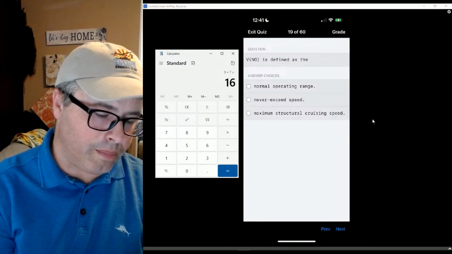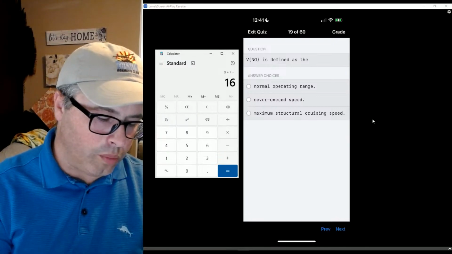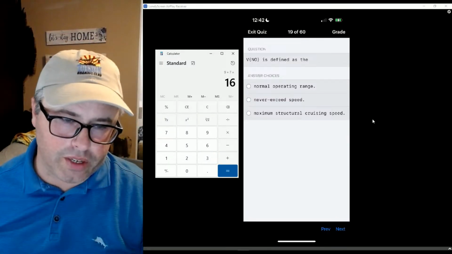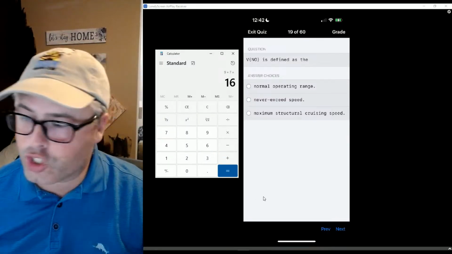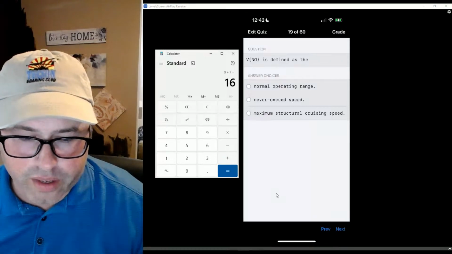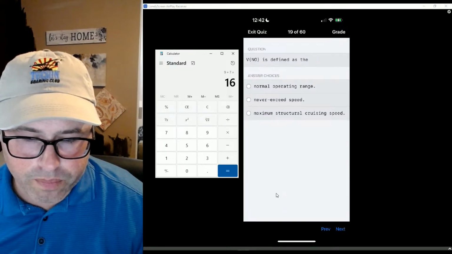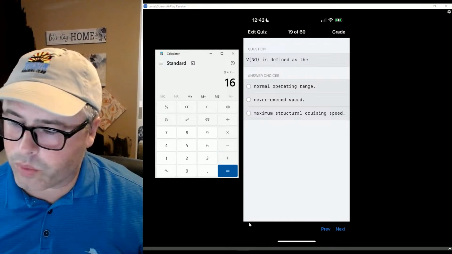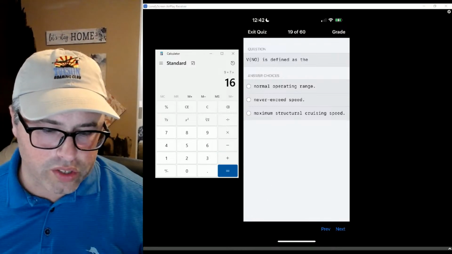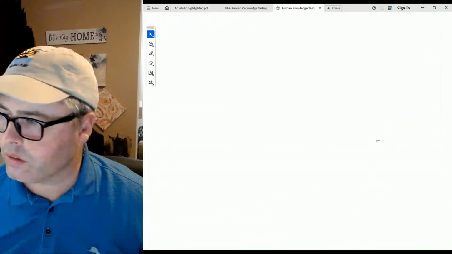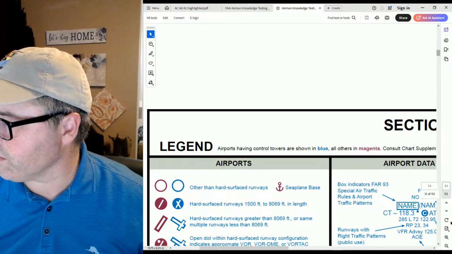So if we take a look at a normal airspeed indicator, just for the sake of showing it, I'm going to use figure 4. You don't have to look at this when you're doing it on your test. Okay, I'm going to go to figure 4. Zoom way out.